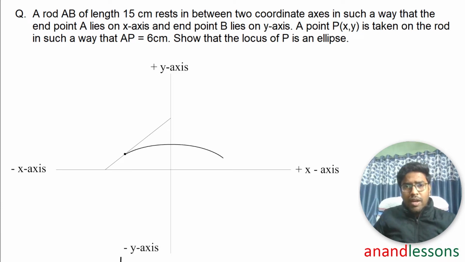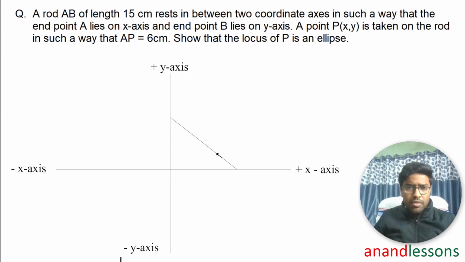First we have the rod in the first quadrant, now the rod has gone into the second quadrant, but the condition is maintained that A should always lie on the x-axis. Okay, look at this, the point touching the x-axis will never leave it and the point touching the y-axis will also never leave it.